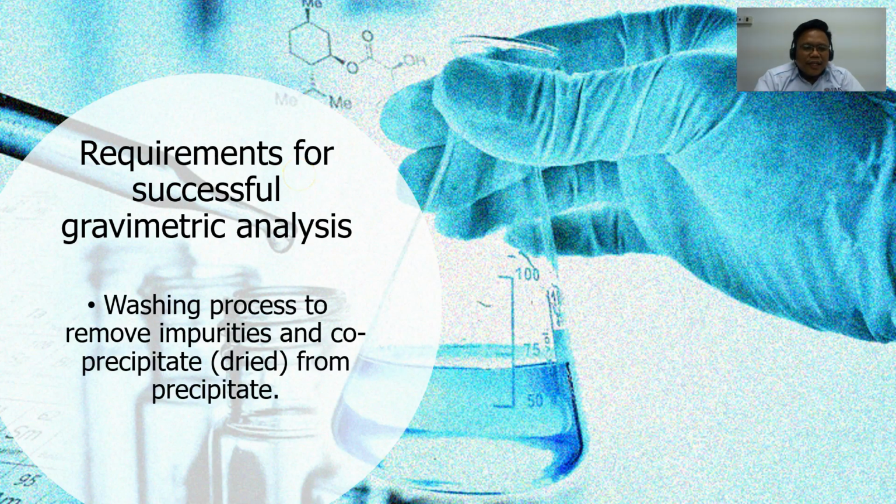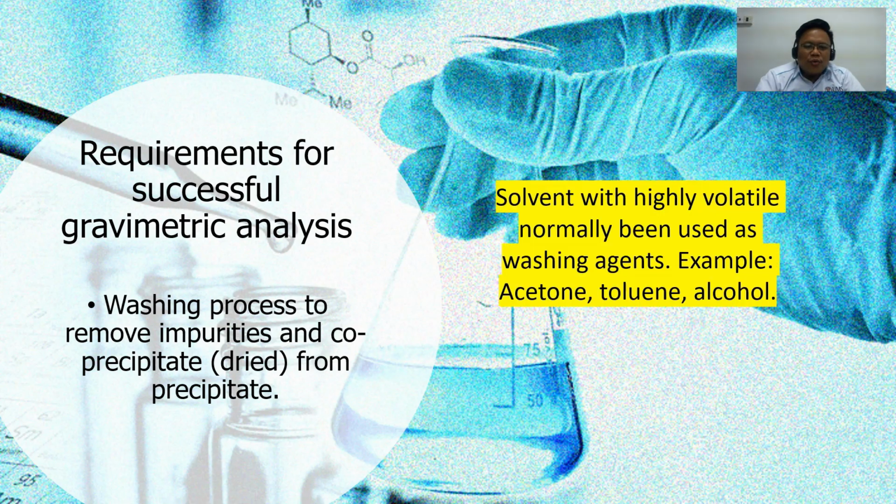The third requirement is the washing process to remove impurities and co-precipitate from the precipitate. What is co-precipitate? Later I will explain it. In the washing process, they usually use a highly volatile solvent. Usually they use acetone, toluene, or certain alcohols.